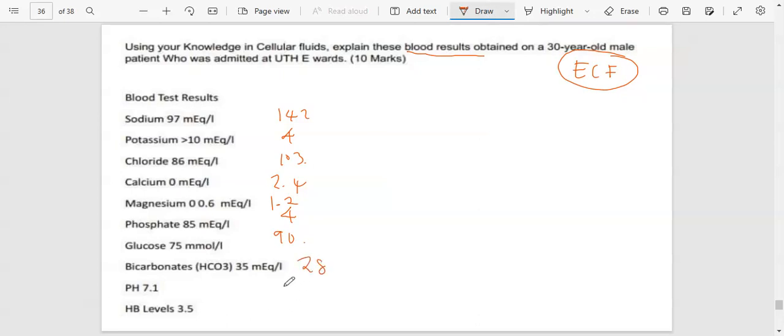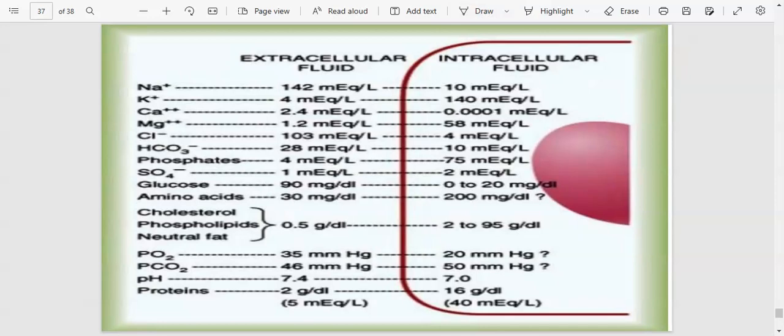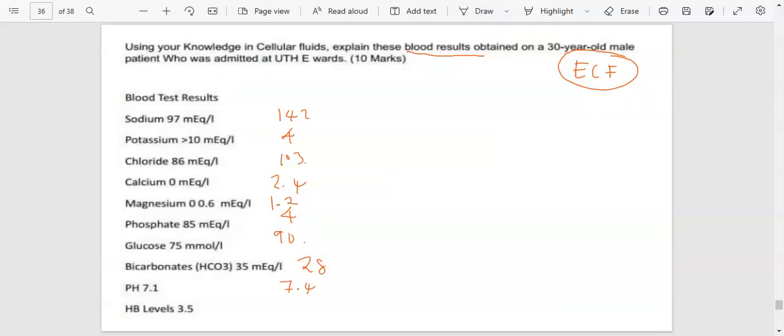The pH in ECF, the normal is supposed to be 7.4. HB levels, of course, are not on this table, but the normal HB value for males, since this is a male, is supposed to lie between 13.8 and 17.2.